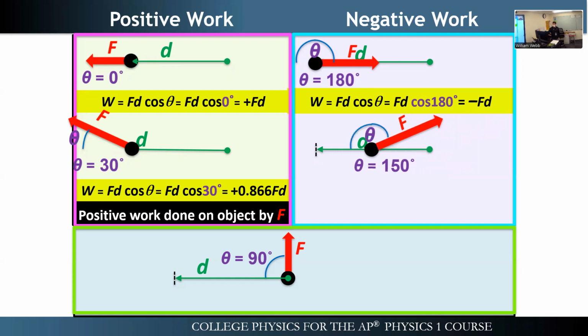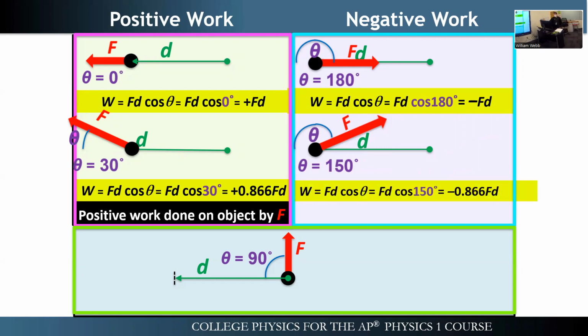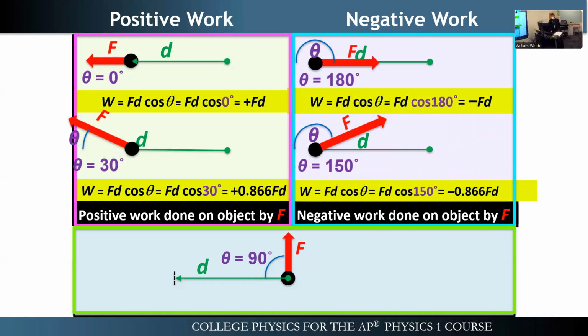If it's at 150 degrees, again, the object's moving left, but the horizontal component of that force is to the right. That's also going to be negative work. It's still basically a 30-degree angle from the force to the horizontal, so it's still going to give us that 87% kind of mark. But that would be negative because of the direction of the force and displacement being opposite.